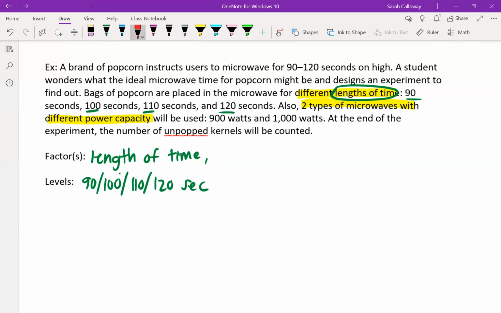This one actually has 2 factors. The other factor is the microwave's power capacity. Okay, and that only has 2 levels. It's either 900 or 1,000 watts.